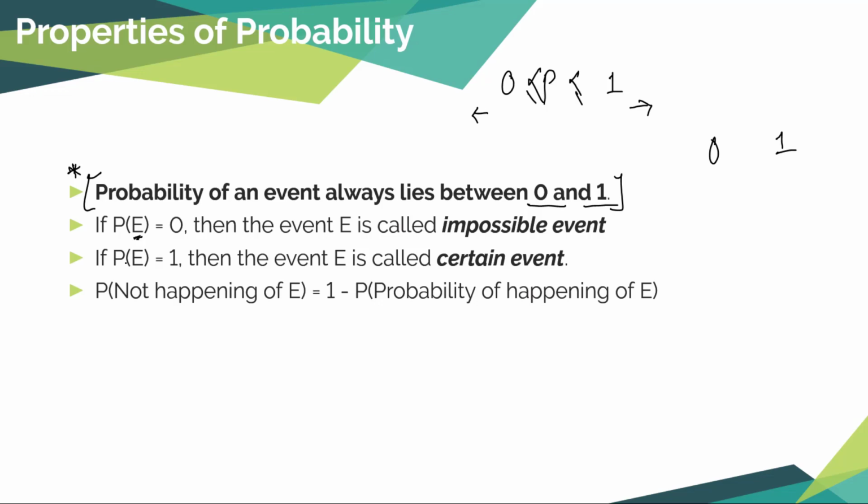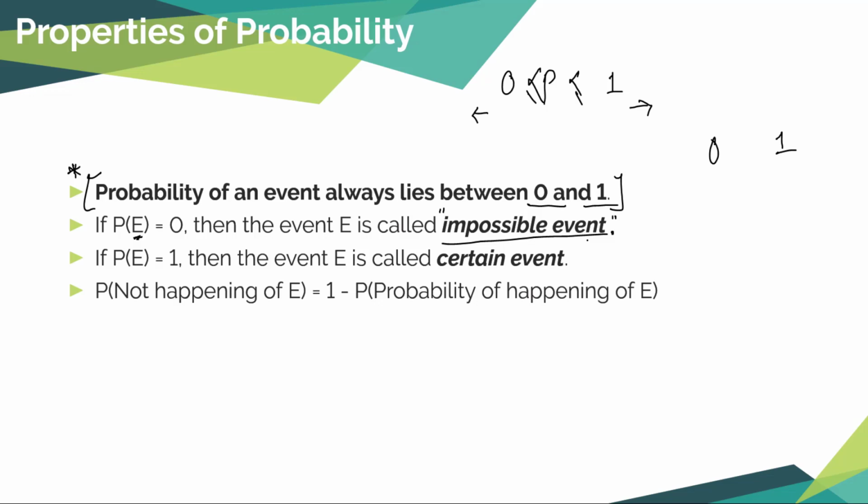Now if for a particular event the probability is 0, that means that event is called an impossible event. That means it cannot occur, right? Though we are using the phrase impossible event, in real life it does not mean it cannot occur, but the data you have with you suggests that it is impossible.